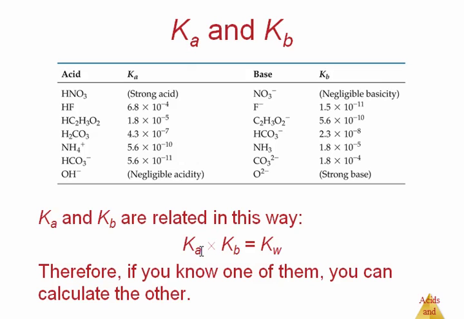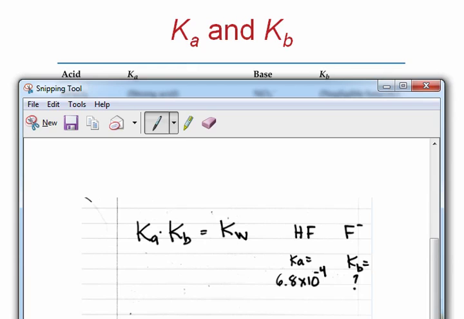To calculate what the Kb for fluoride is, we're going to use this relationship. Ka times Kb is equal to Kw, and of course this is for a conjugate acid and its conjugate base. We know the Ka for hydrofluoric acid based on Appendix D is 6.84 times 10 to the minus 4. Now we just have to use algebra.